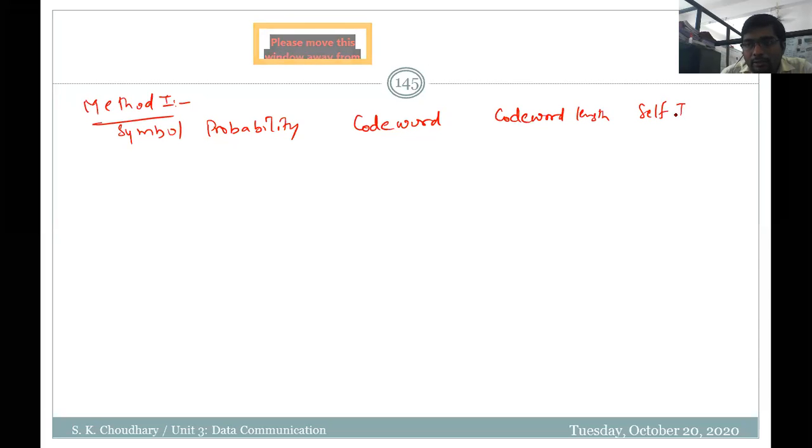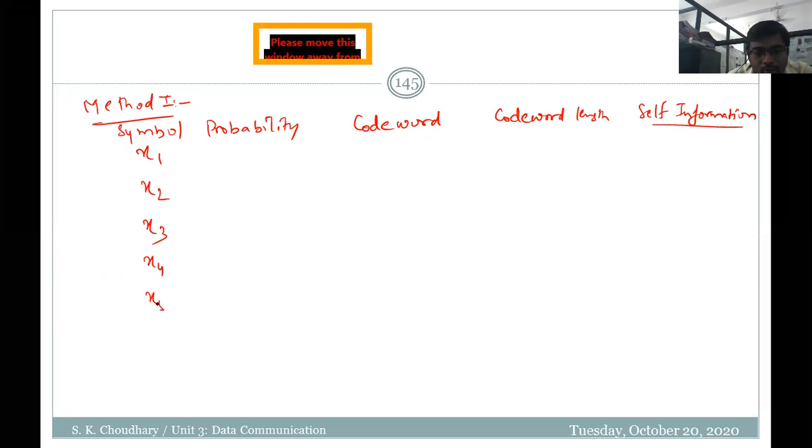It is a good practice to use this section also, self information. You have to apply the formula of information and calculate the amount of information for each symbol. Here there are 7 symbols, and you have to arrange these symbols according to the decreasing order of probability.